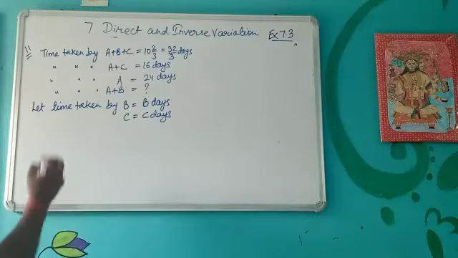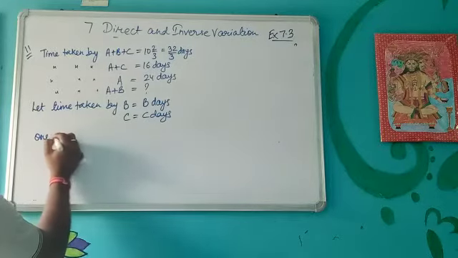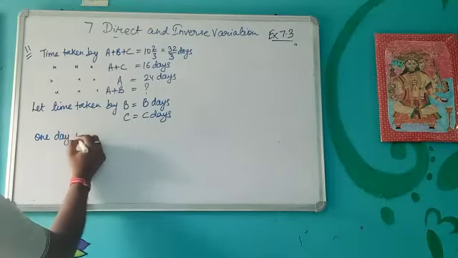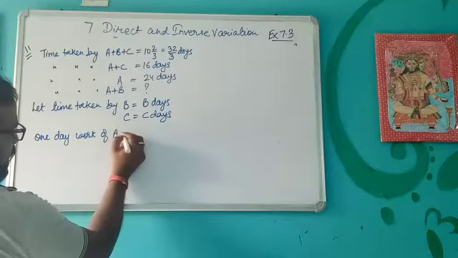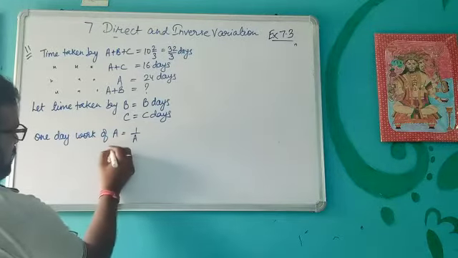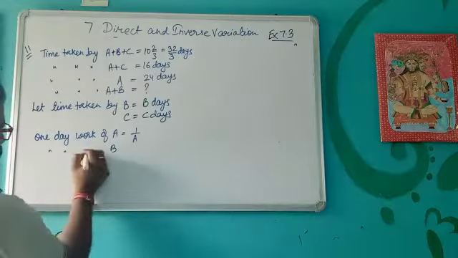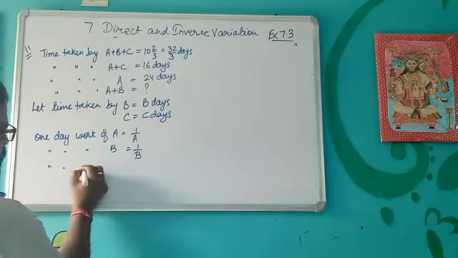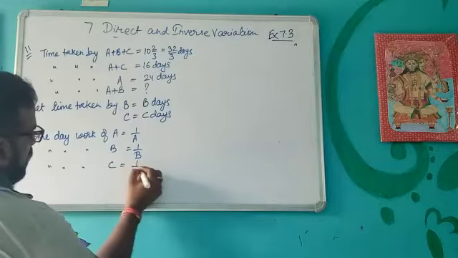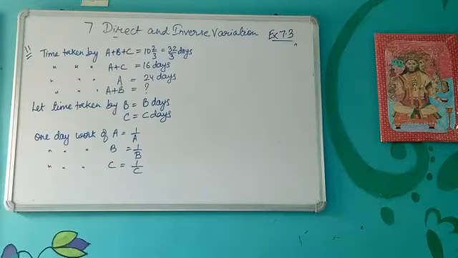Okay. Then, for one day, the same steps we will use. Work of A is 1 upon A days. One day work of B is 1 upon B days. And one day work of C will be 1 upon C days.